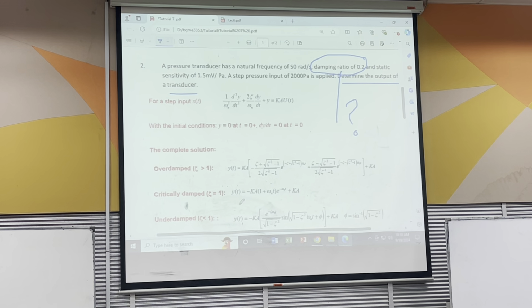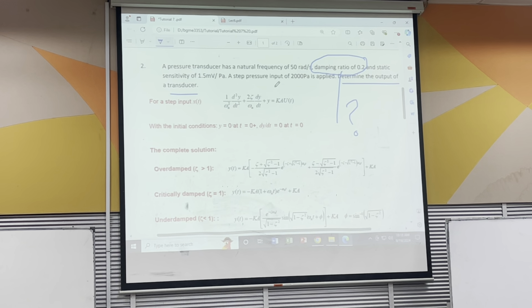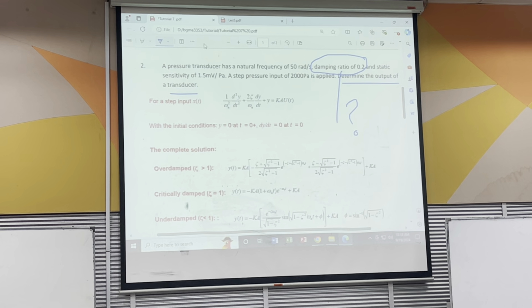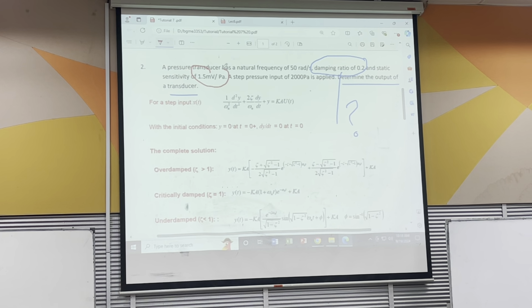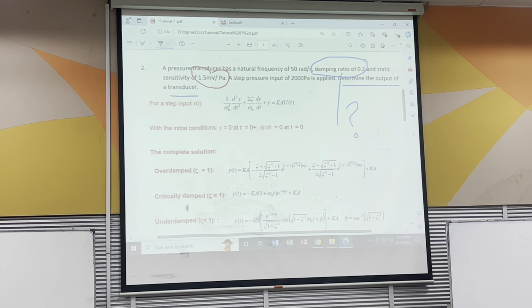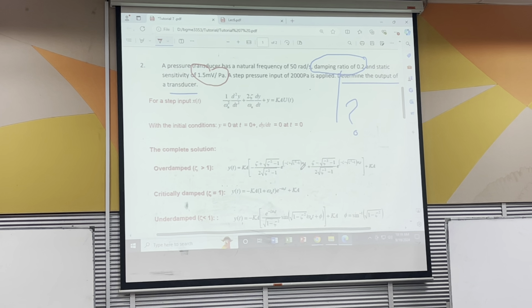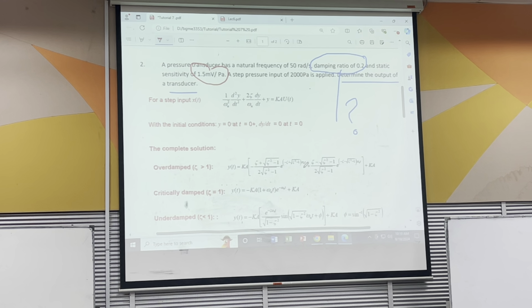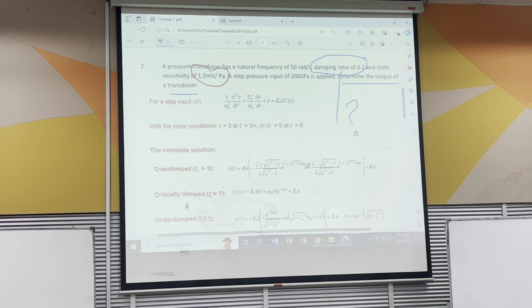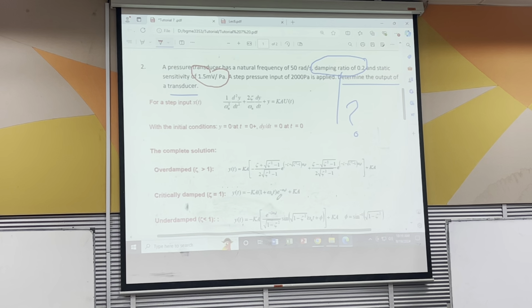Sorry? K equals to what? If it's not given, then yes, K equals 1, but it's given there, right? Okay, so bear in mind the unit, right? So A is 2000, okay?